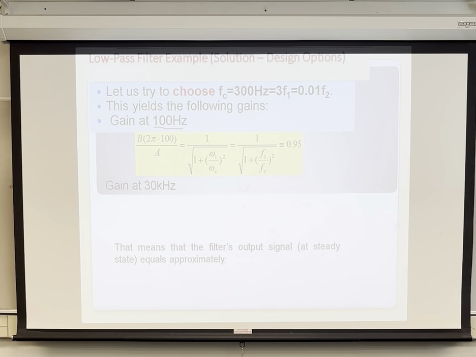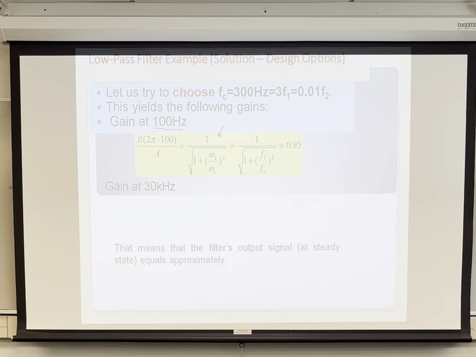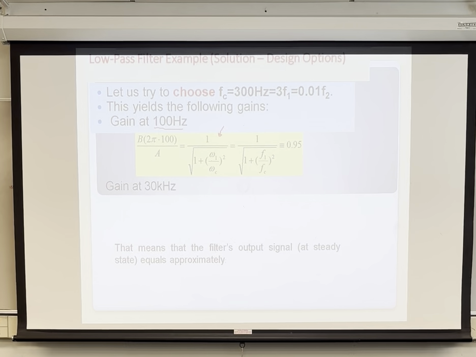Without using PSpice, we can calculate the gain of the low-pass filter at 100 hertz. So we go back to the equation. This is the equation for the passive low-pass filter. Now we change over from the S domain to j omega, and we calculate this equation here. This is the gain of the low-pass filter at 100 hertz.